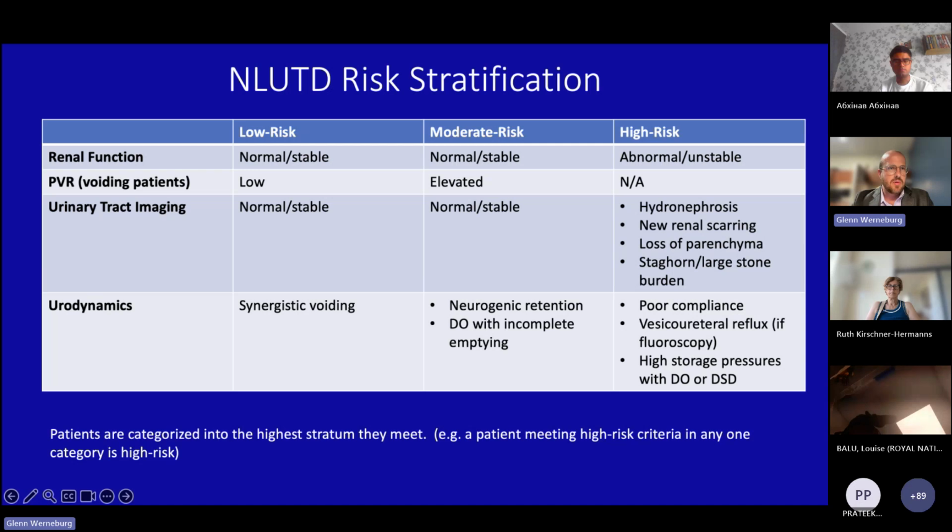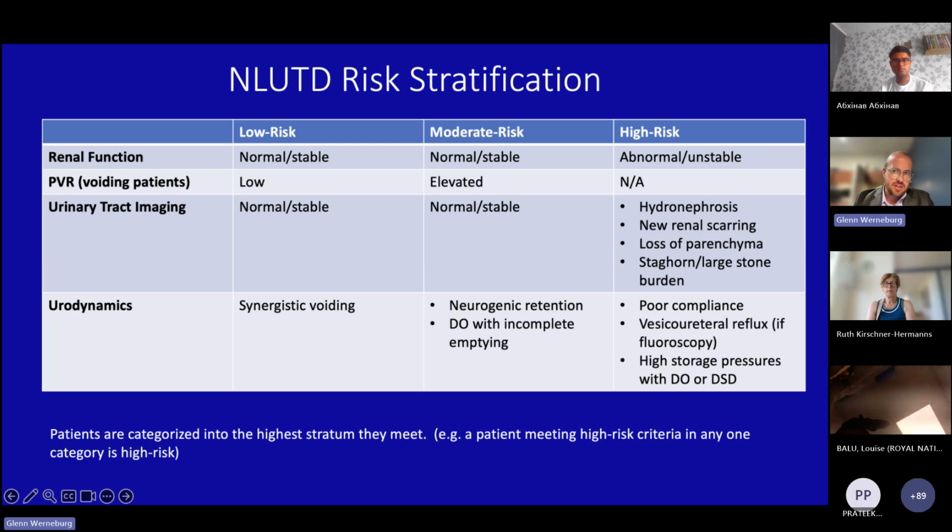So if a patient has normal renal function, low PVR, normal upper tract imaging, normal synergistic voiding on urodynamics, that patient's in the low risk group. If the patient has neurogenic retention or detrusor overactivity with incomplete emptying on urodynamics, that would put them in the moderate risk group. And then the high risk criteria are shown here.